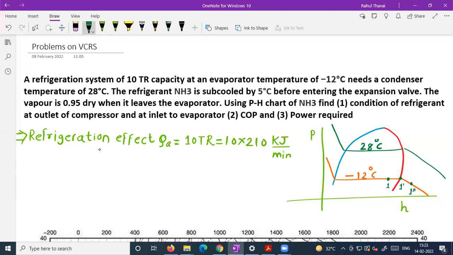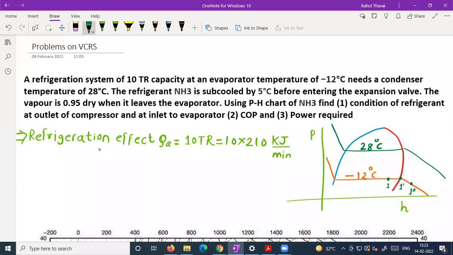At any point we have vapor only, whether it's 1 or 1 dash or 1 double dash. But at point number 1, it's a wet vapor. That means it contains some moisture, because point number 1 is lying inside this dome.